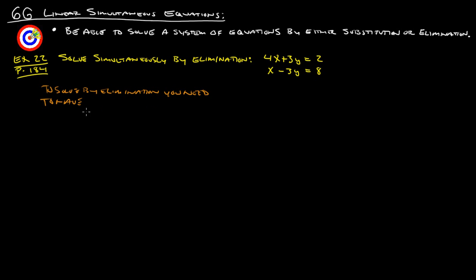So look, 3y and negative 3y are opposites. So to solve by elimination, you need to have one set of variables to be opposites.